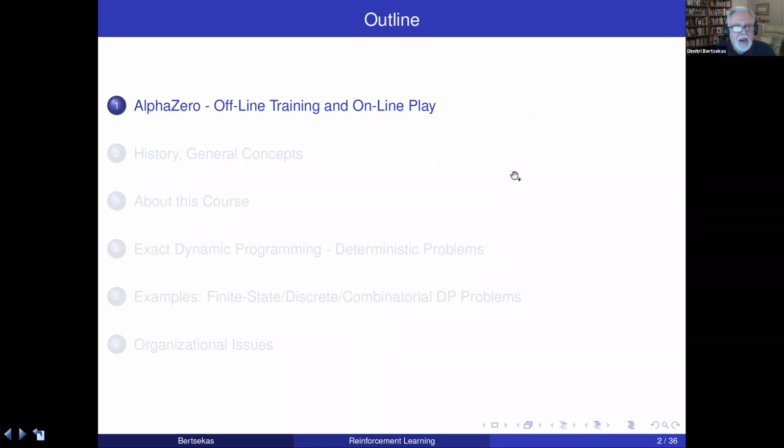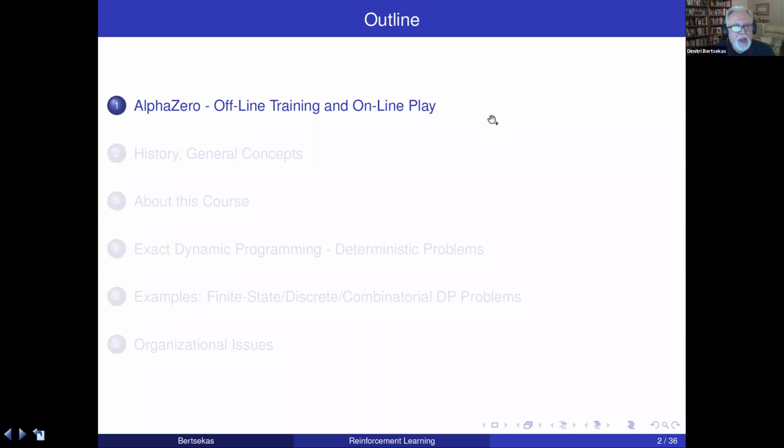And I'd like to mention to you how AlphaZero and the techniques used in its development are also relevant to our course. I'll make the argument that our course generalizes the ideas in AlphaZero to a far broader domain, including engineering, operations research, finance and economics, and so on.